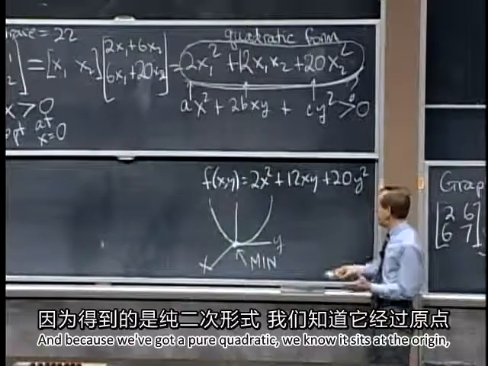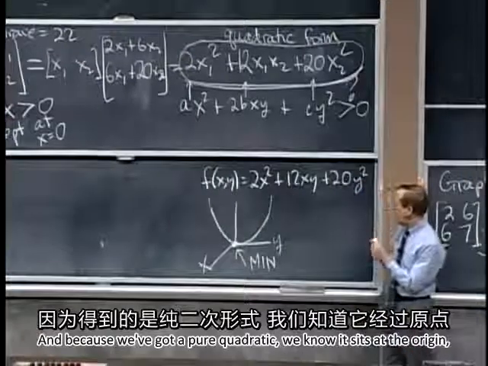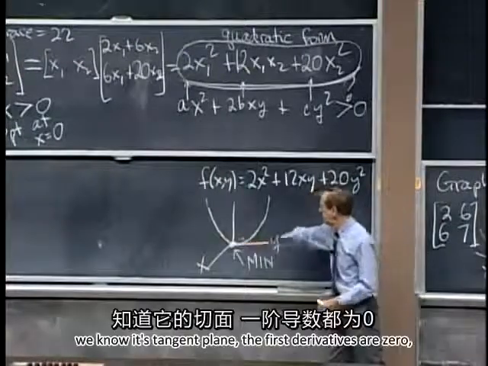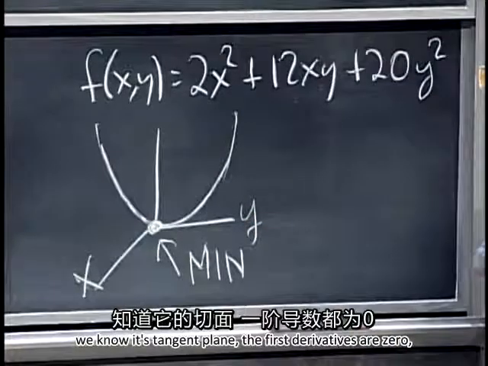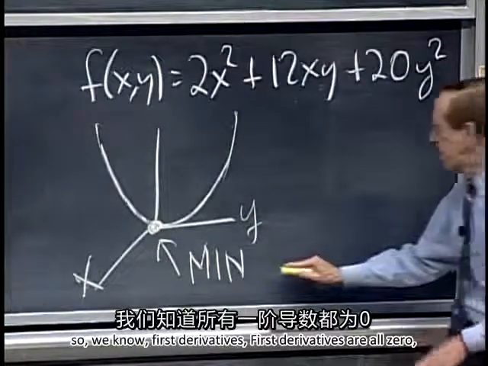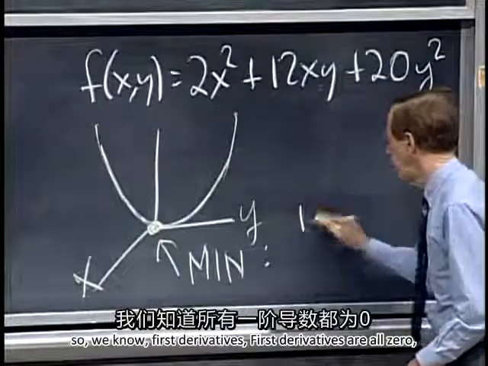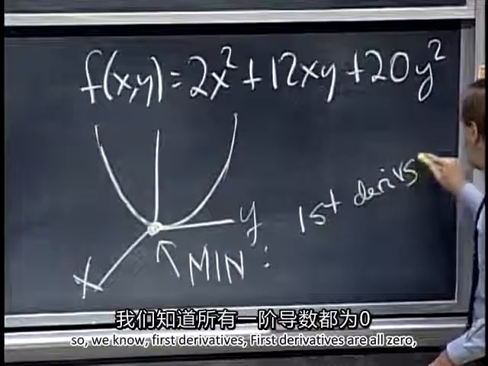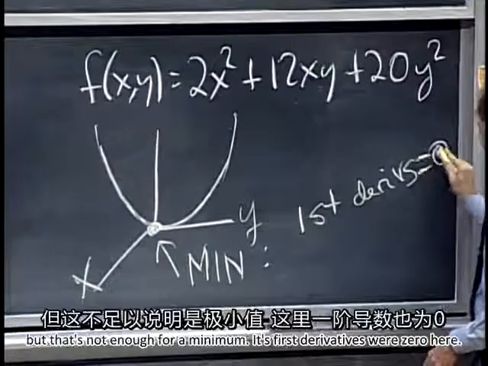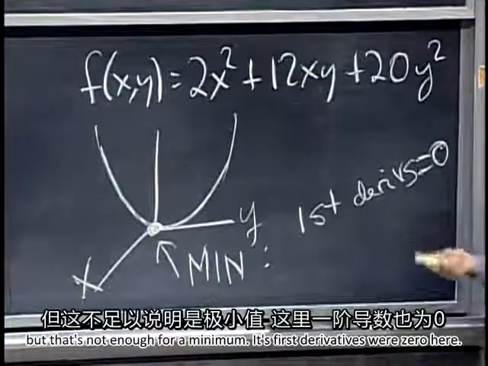And because we've got a pure quadratic, we know it sits at the origin, and we know its tangent plane, the first derivatives, are all 0. But that's not enough for a minimum.